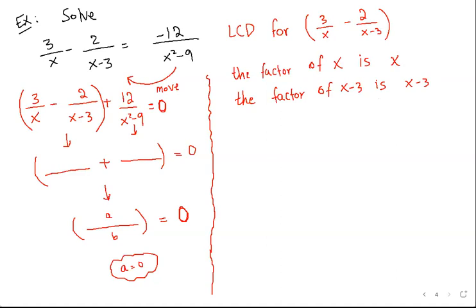Now we multiply this fraction, both numerator and denominator, by the factor for x minus 3, by this one. And for the second one, we multiply by the factor for x, which is x. So here we multiply by x minus 3.